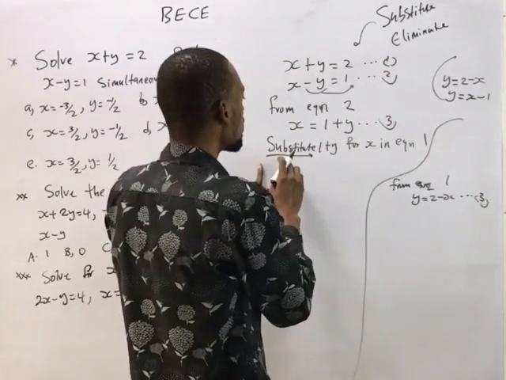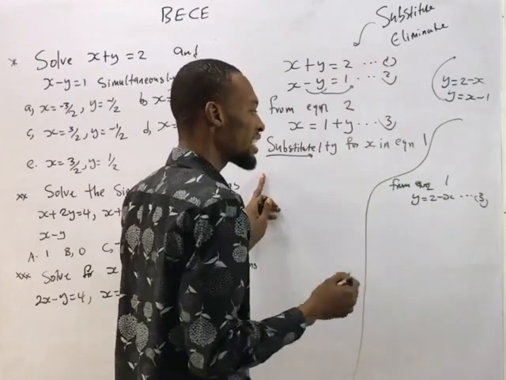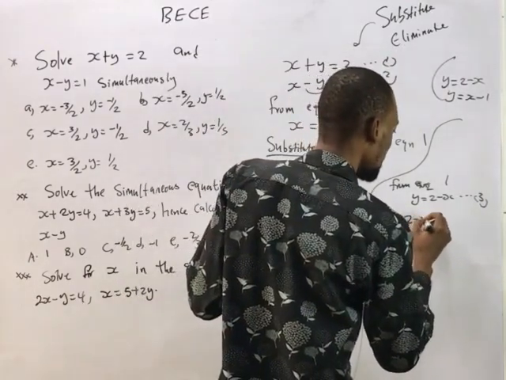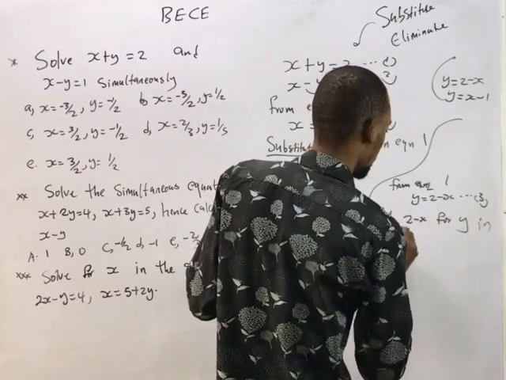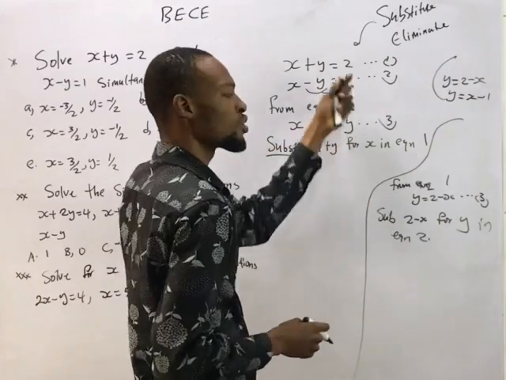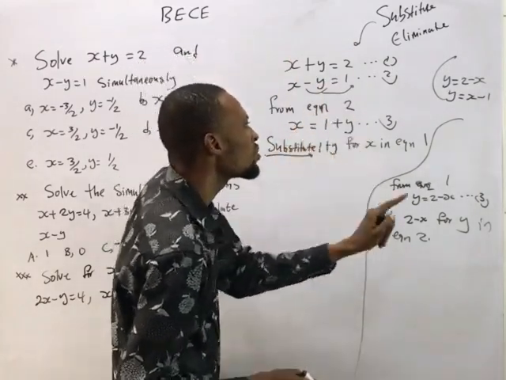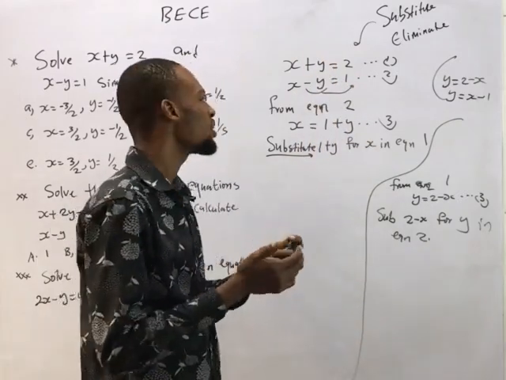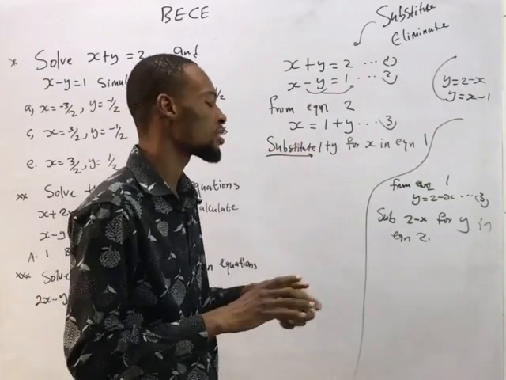So here I'm saying substitute 1 plus y for s in equation 1. You will now say substitute 2 minus s for y in equation 2. Because you made the subject in equation 1, you substitute in equation 2. Me, I made the subject in equation 2, I will substitute in equation 1. I hope you understand. If you don't, please, you may want to start the video again. I want you to understand how this thing works.